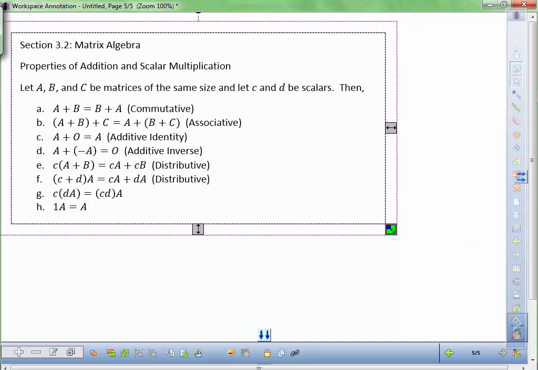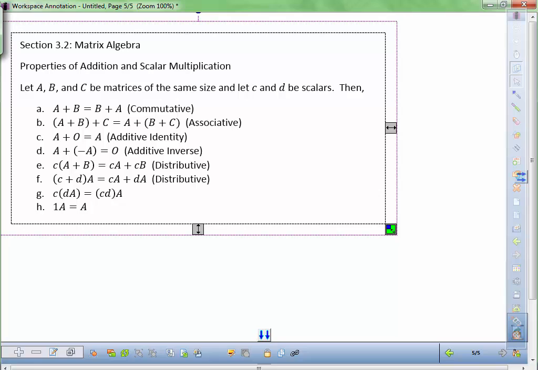Because they're commutative, we don't need to worry about 0 plus A. And 0 here is a 0 matrix. Matrices also have an additive inverse, and that's throwing a negative sign in front of it. And we define what it means to throw a negative sign in front of it, right? So everything inside of the matrix will just change signs.